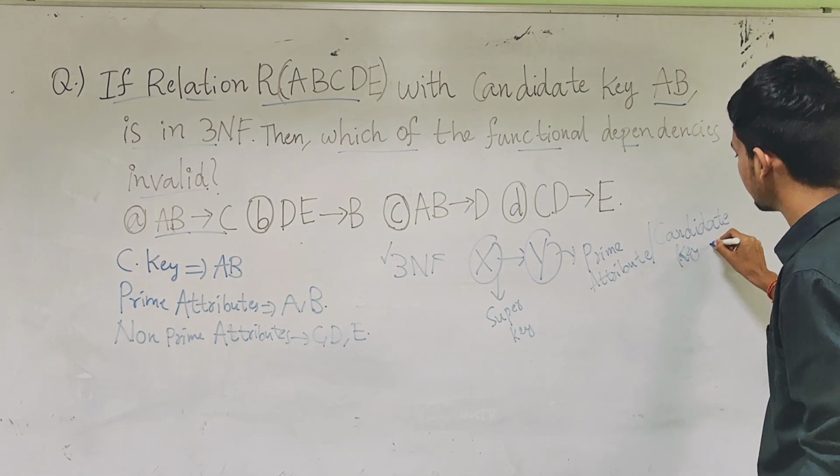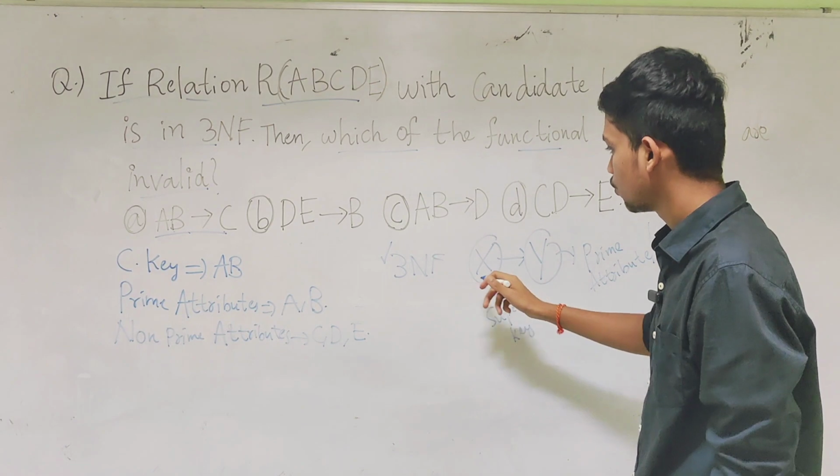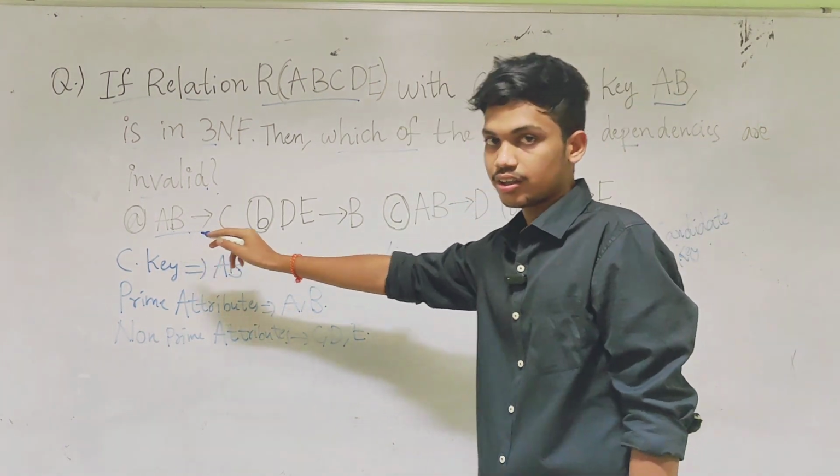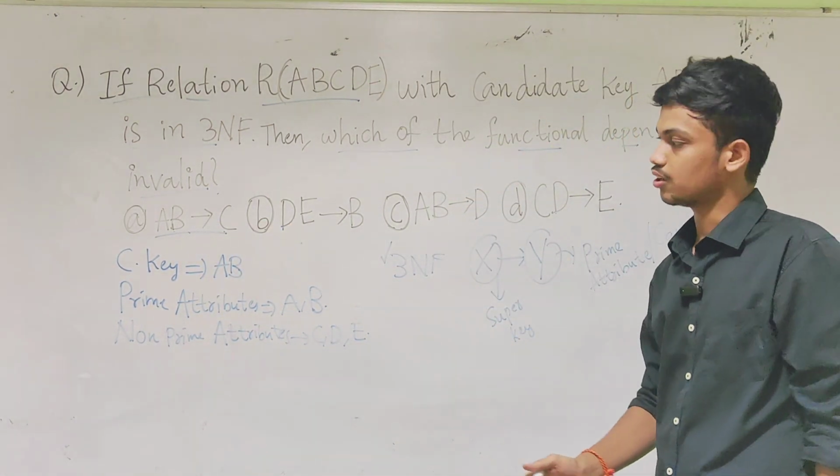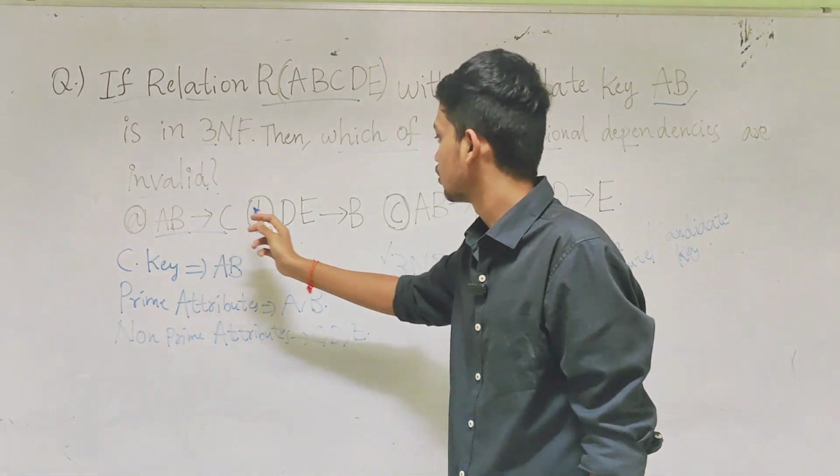You can say simply a key. That's all. Now AB is a candidate key, which means it is already a super key. So this is valid.